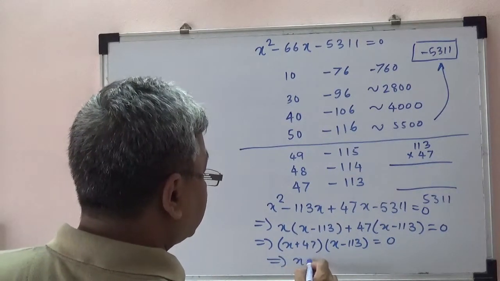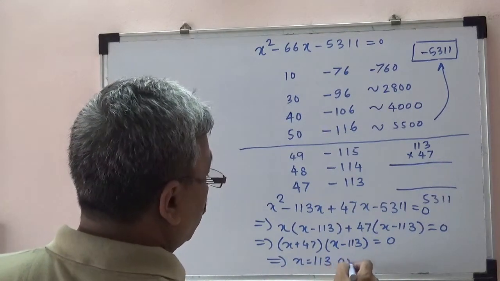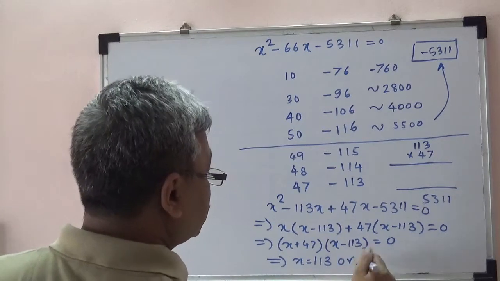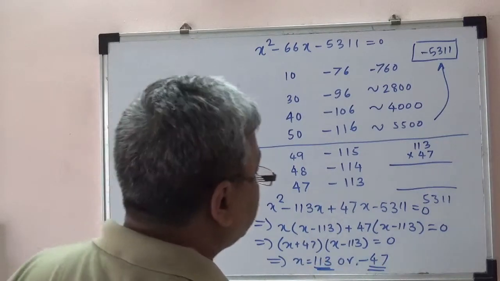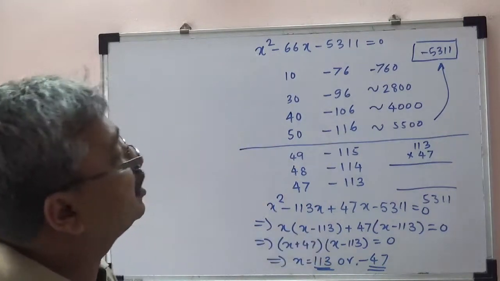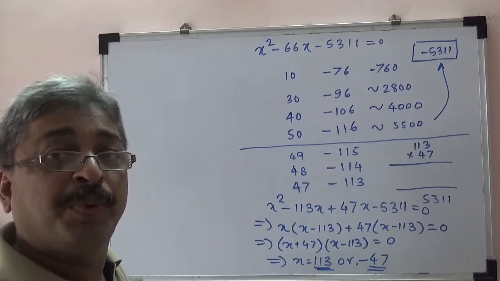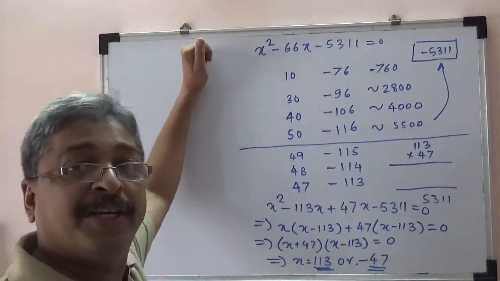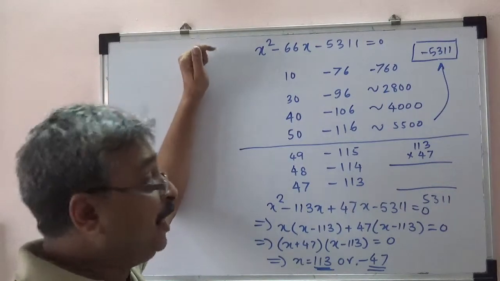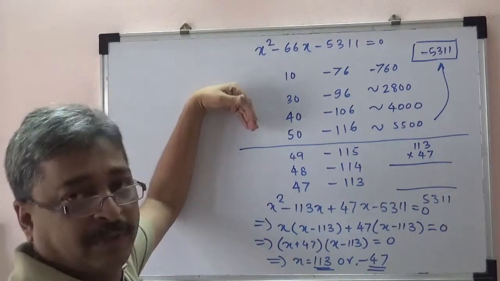Hence, x is equal to 113 or minus 47. So these are the two values of x which are integers, which will make this expression 0. Now this is called improved guessing, provided it is given that this particular quadratic equation has got roots which are integers, then only this method will work.